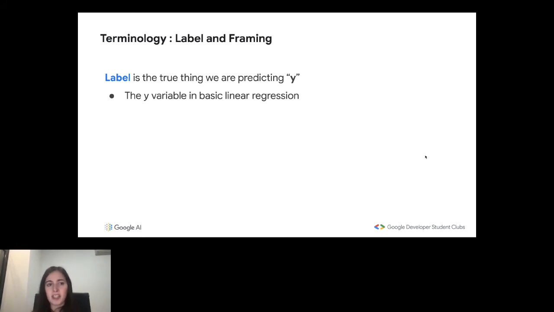So in this case, it's a category, it's a class, and we have two of them. We're trying to predict between one or the other. A label not only has to be a class, it could be an exact number. For example, when we're talking about regression problems, what we want to do is predict a precise value. For example, we want to predict the value of a stock tomorrow, or we want to predict what the weather is going to be like tomorrow, for example, the maximum temperature. Even that is our label.